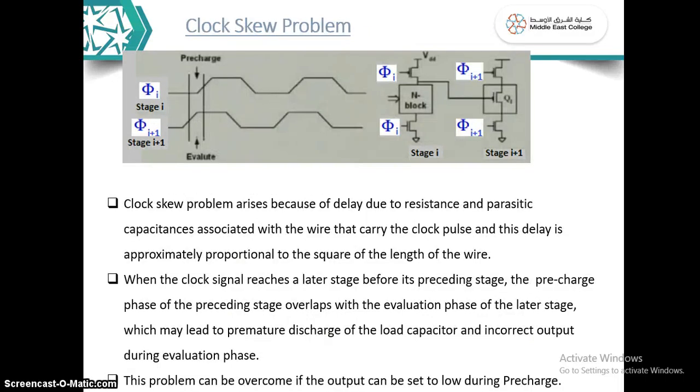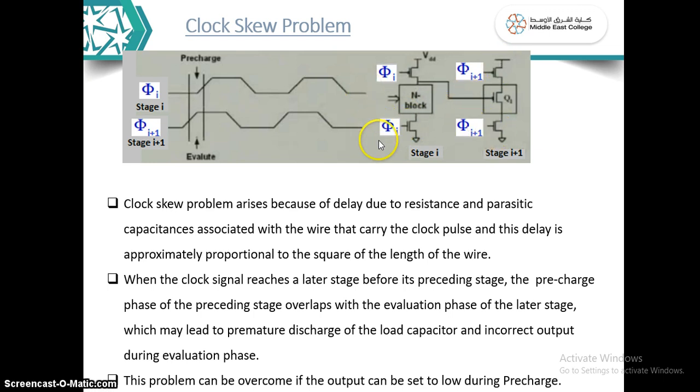The next disadvantage is the clock skew problem. The clock skew problem arises when we realize multi-stage circuits. See, consider this circuit. You have two stages here, both connected in dynamic logic. Now see, all transistors are fed with the same clock, right?